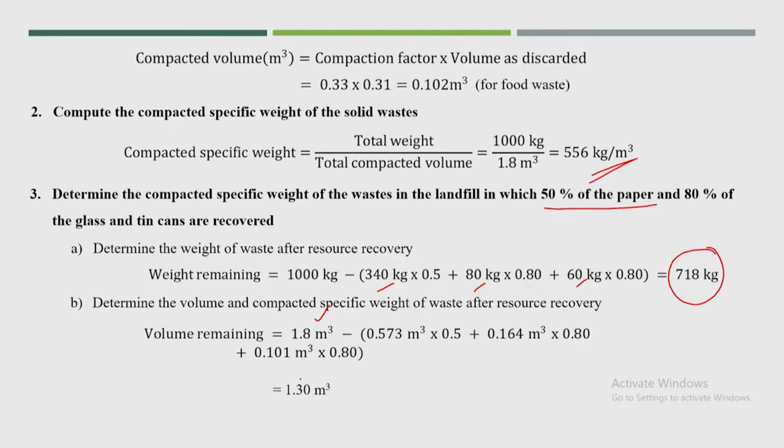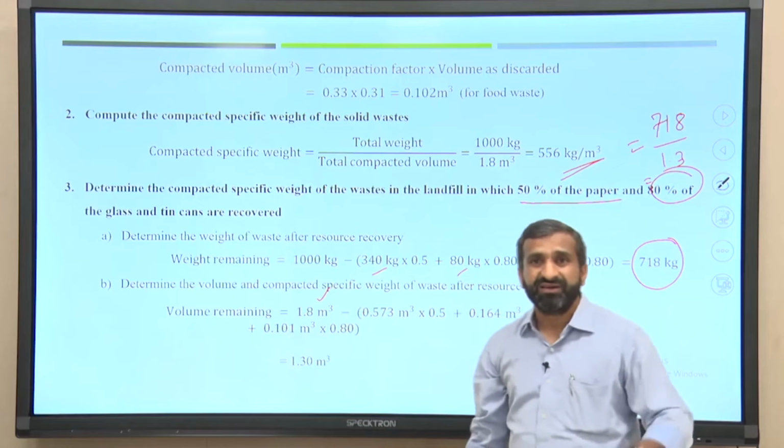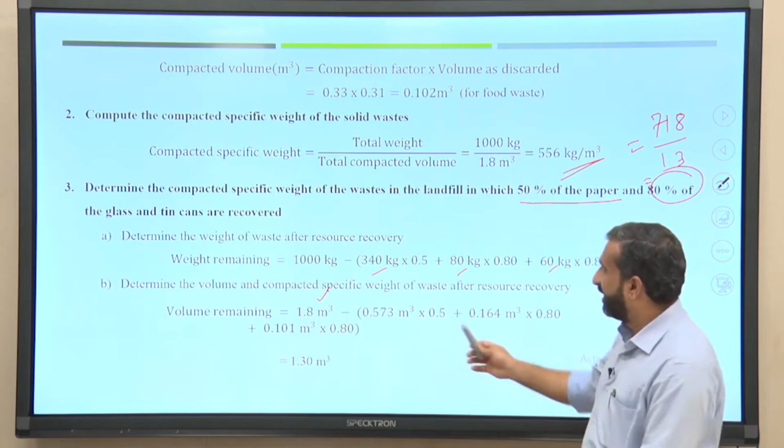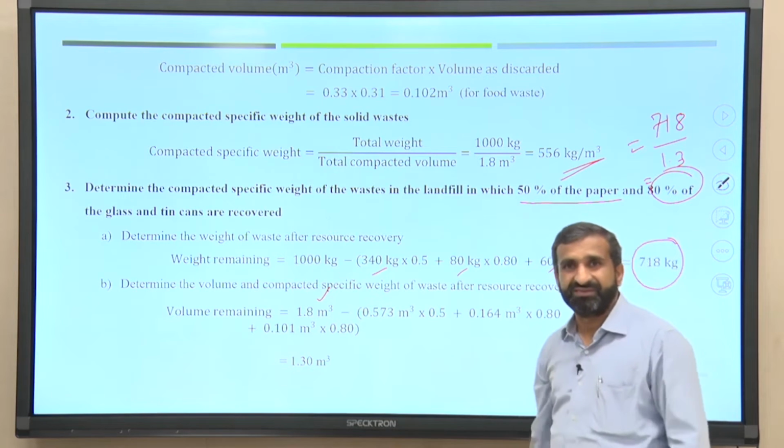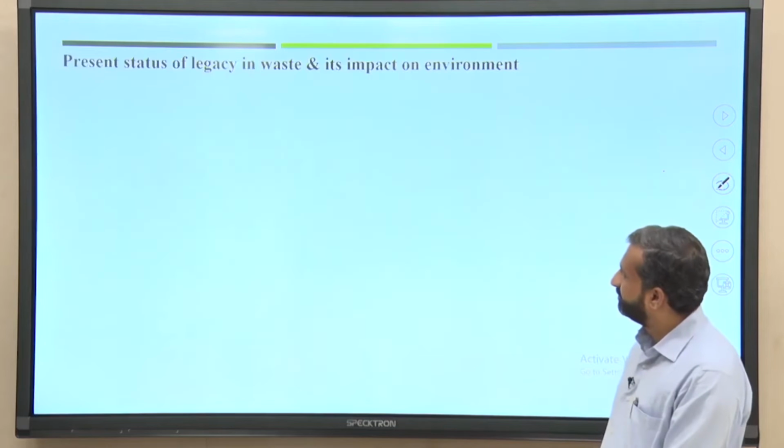Now we can calculate the specific weight again for the remaining waste, which is 718 divided by 1.3. Whatever answer comes up will be your specific weight finally, after recovery of paper, glass and tin. This is the final answer.